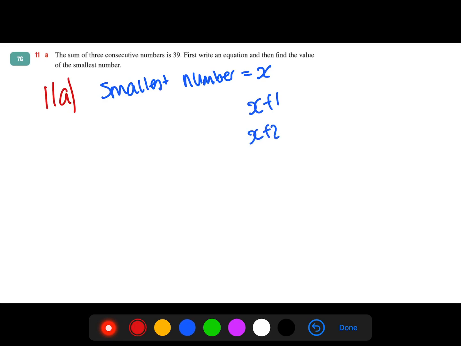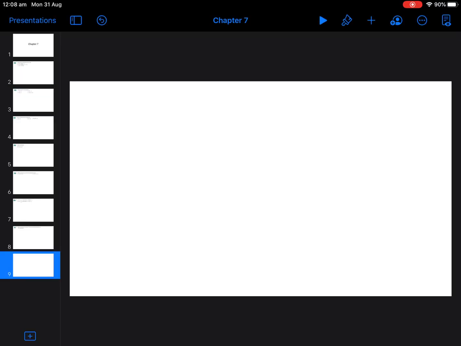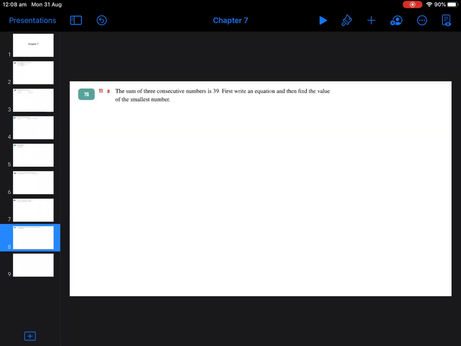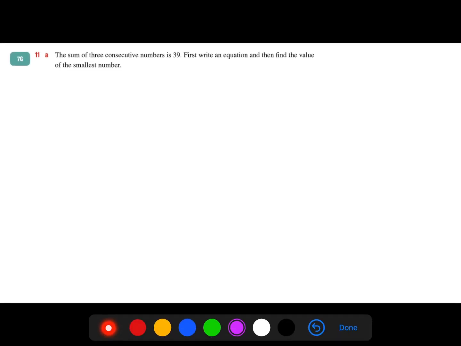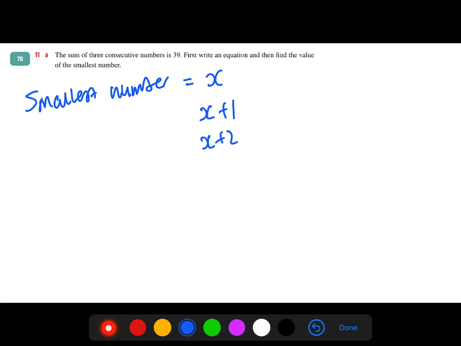So for example, if I do it in purple, okay, I need to rewrite it again. So I've got the smallest number is equal to x. The next number will be x plus 1. Then the next will be x plus 2.